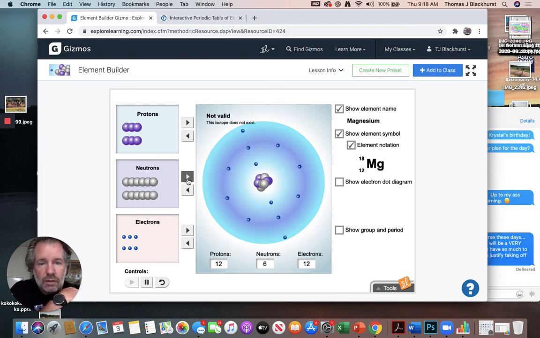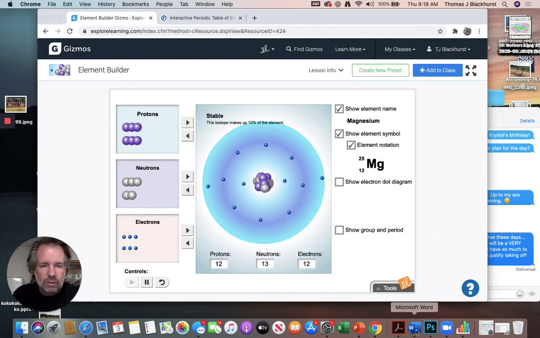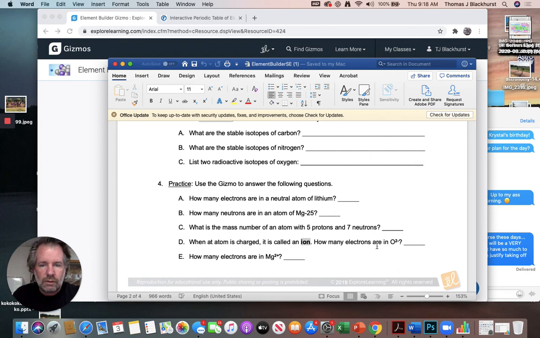Each time I add another neutron, that's going to get it all the way to 25. And take note of how these electrons go in different orbitals. But that's really all I have to do to answer those questions.